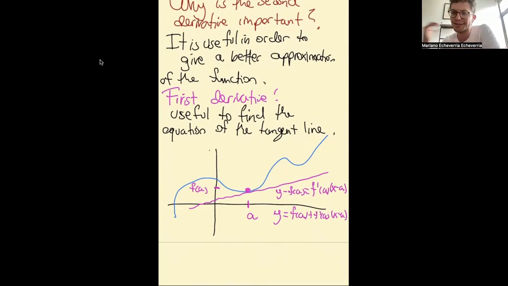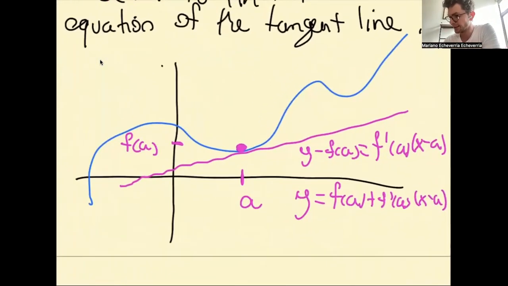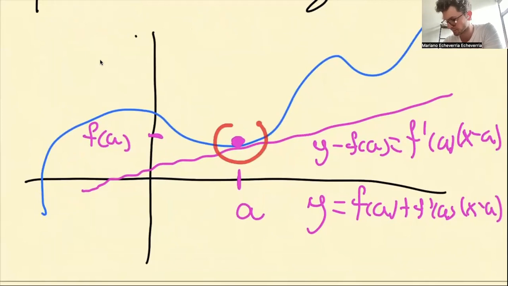So what's the point of finding the tangent line? The idea is that if you were to zoom in close enough, the graph of the function and the tangent line become closer, more similar to one another. I believe there was a problem about this on yesterday's midterm, where I asked you to approximate a value.